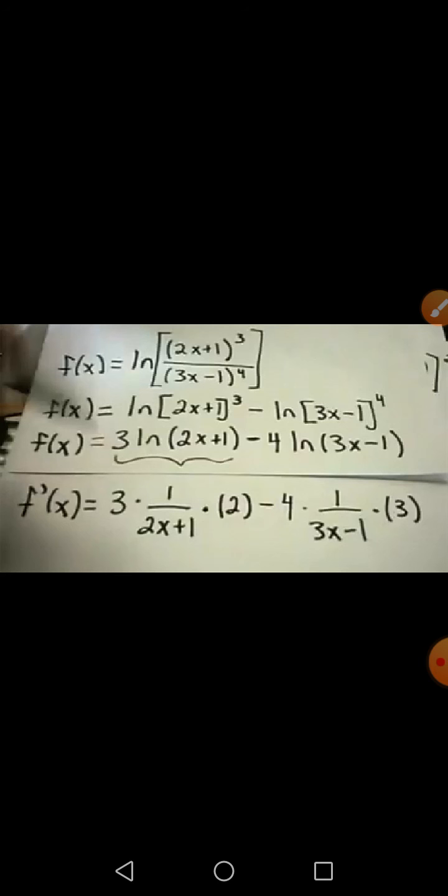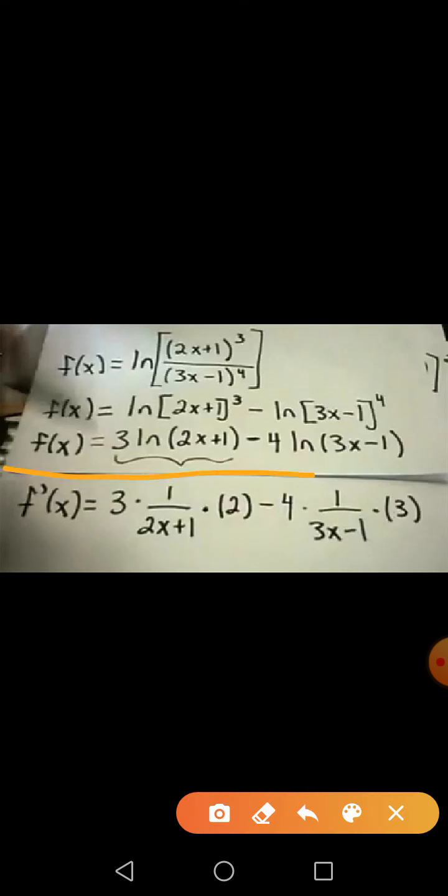Then bring down the power using the ln properties, then solve the derivative from here. The constant number, you bring it down. Then ln of 2x plus 1, you will make 1 over 2x plus 1, as is the rule, multiplied by the derivative of the inner, and so on, like here. And that's all. Thank you.